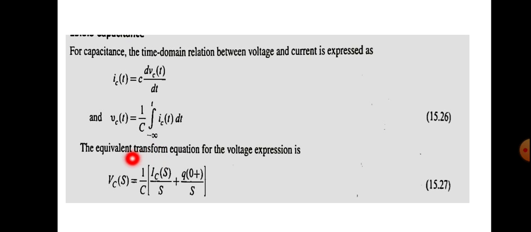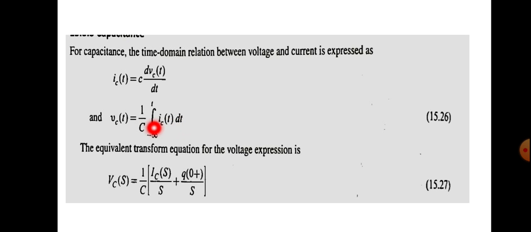In order to find the transform equations, we have to take the Laplace transform of the equation. Here we are taking the voltage equation for the capacitor, Vc of t, and taking its Laplace transform so that we get the equation in the S domain. This is a time domain equation, meaning voltages and currents vary with time.